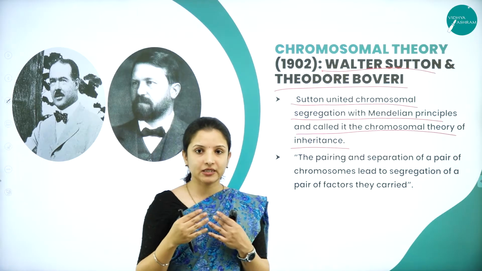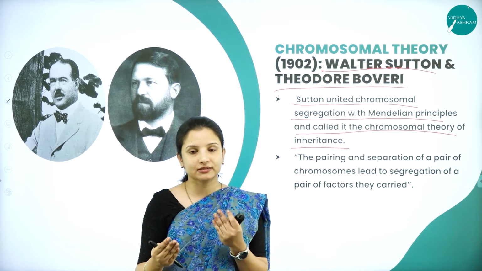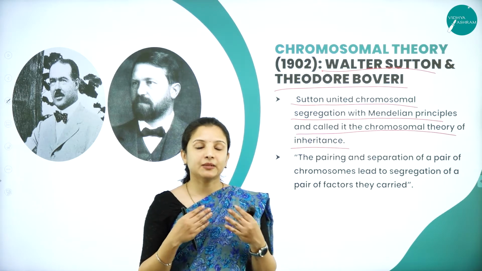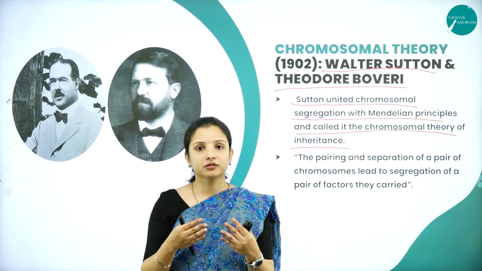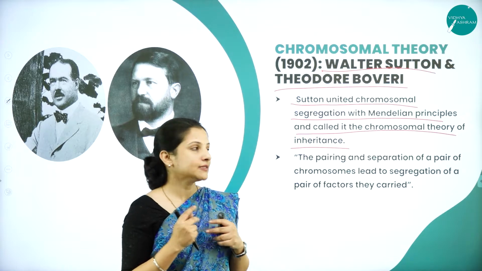He compared Mendel's results with his own results from working on the chromosomes of the grasshopper, and he said that whatever Mendel said in his laws, especially the law of independent assortment, is correct.